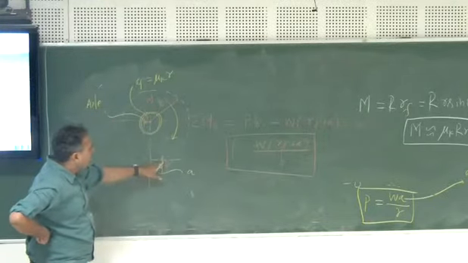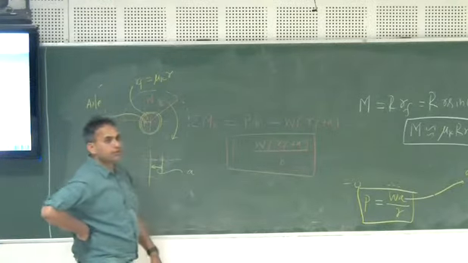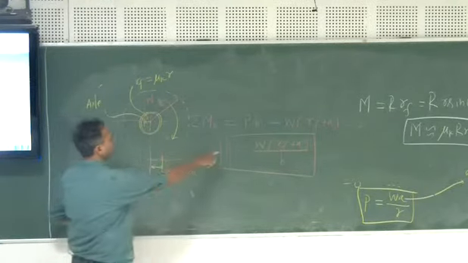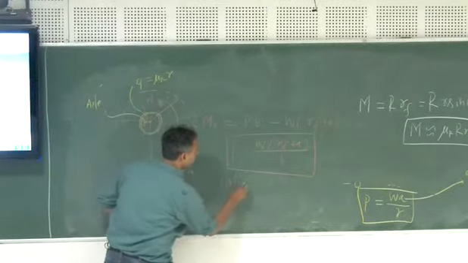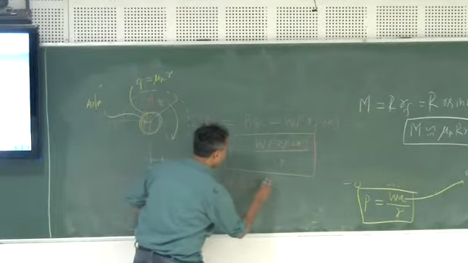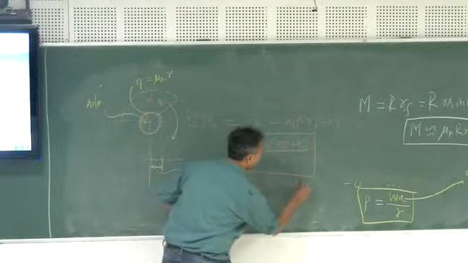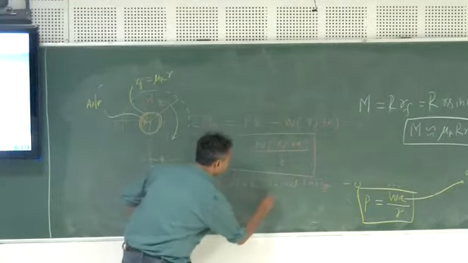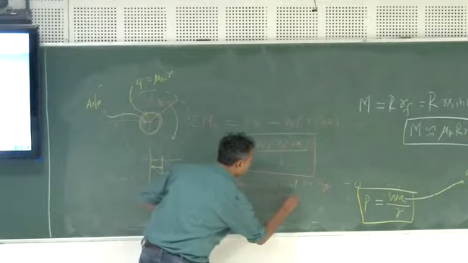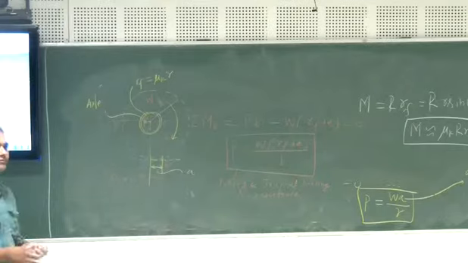If you find the moment about B, you will get this relationship. So this particular load is required to resist rolling as well as external bearing resistance.